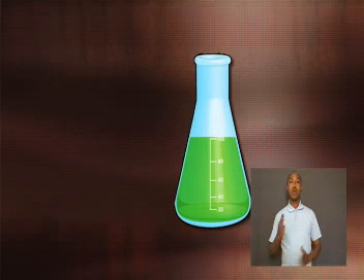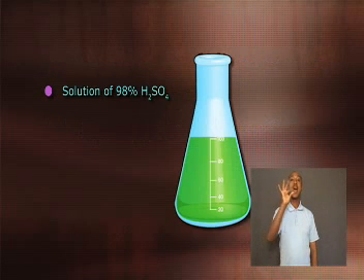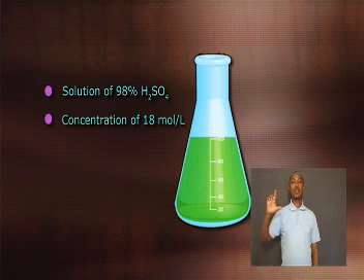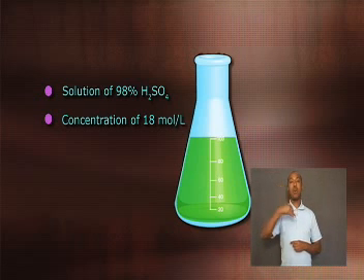We have a solution of 98% sulfuric acid, which has a concentration of about 18 moles per liter. If 1 liter of this solution is added to 2 liters of water, we then have 3 liters of solution.